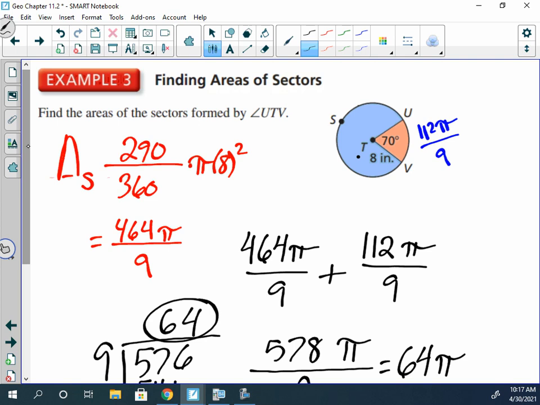That 112 pi over 9 is just the area of this piece here. The area of 64 pi is the entire circle. So if I wanted to, we could have done 64 pi minus 112 pi over 9 and actually gotten 464 pi over 9 because these two sectors add together to be the whole.